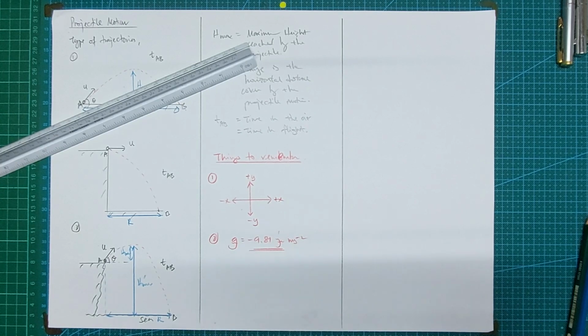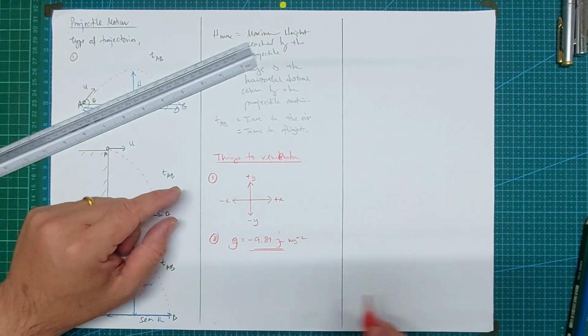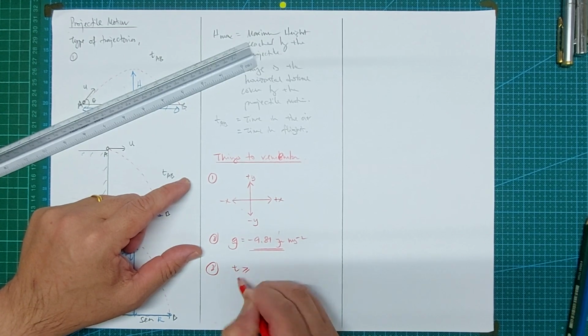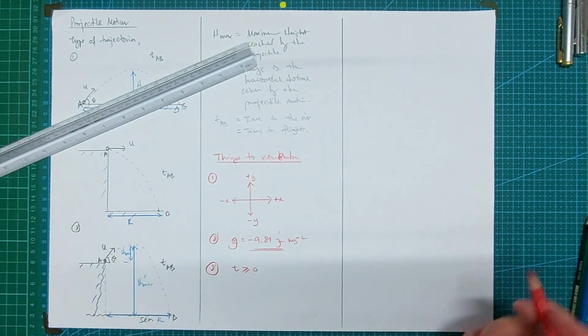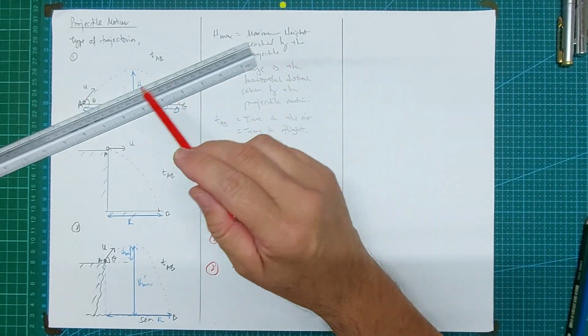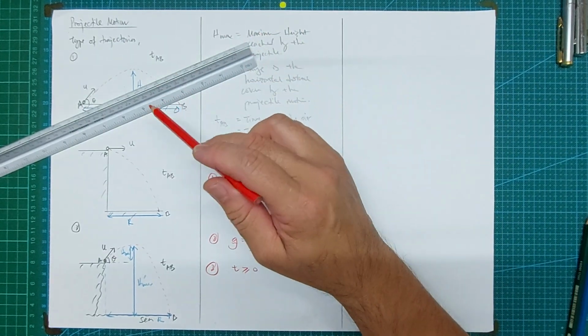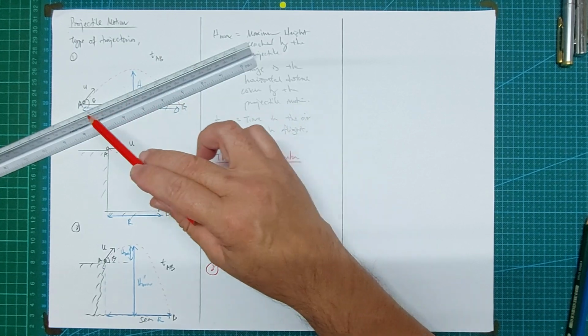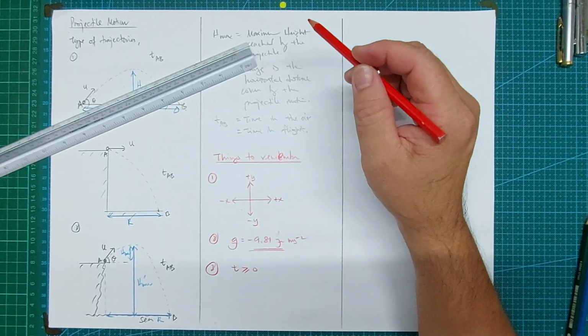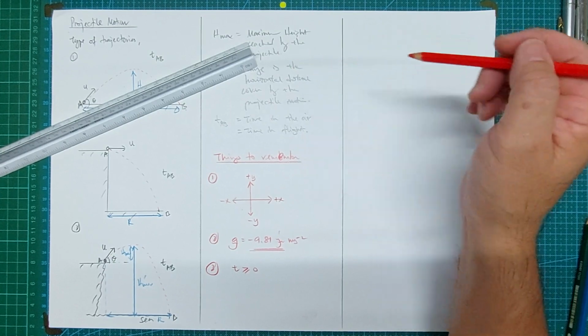The third one is that time is always larger than or equal to 0. Projectile motion normally produces a parabolic trajectory, and when we try to solve for time, there are two answers.